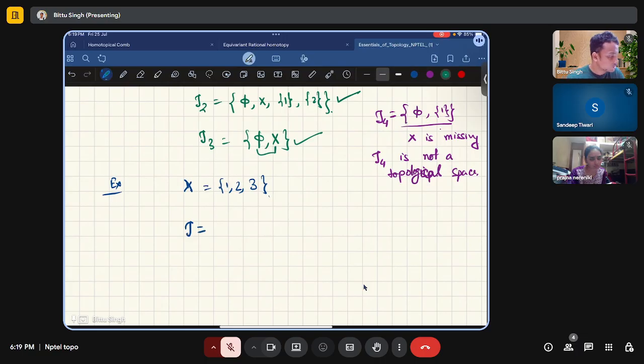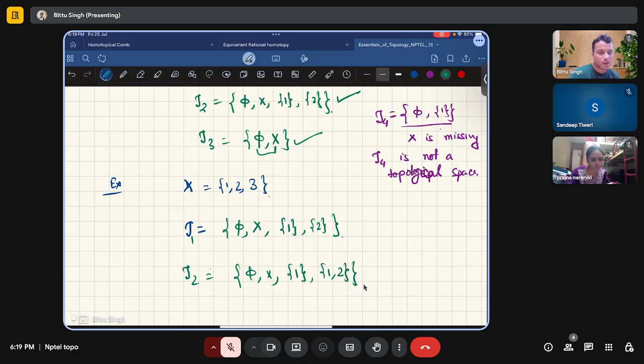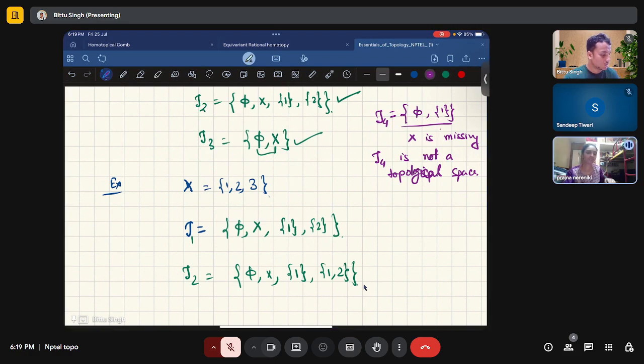So let us create two examples. Suppose tau 1: empty is there, the whole set X is there, and now {1} is there, {2} is there. And tau 2: empty and X are already there, and {1}. Now the question is, are those two things topological spaces or not? For tau 1, it should also contain the union of {1} and {2}.